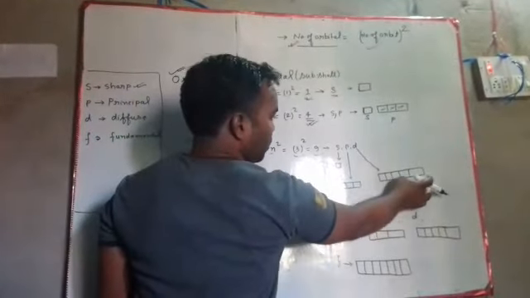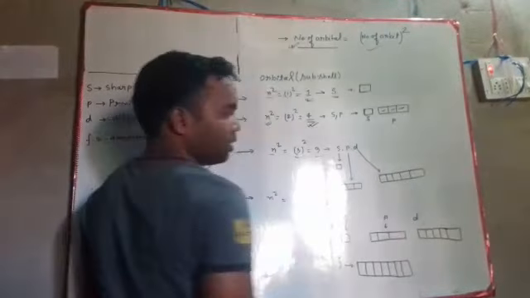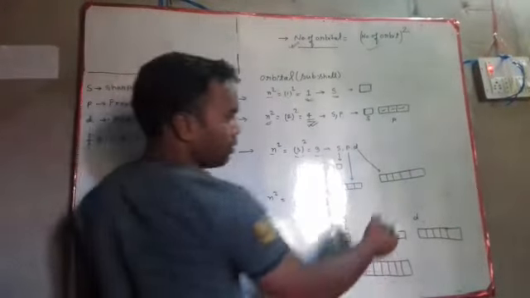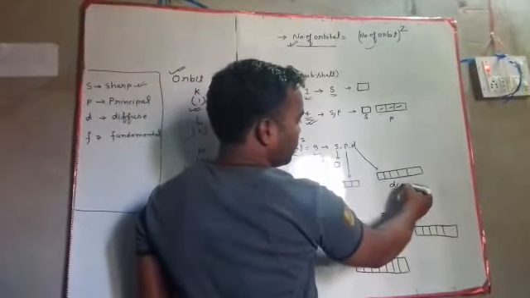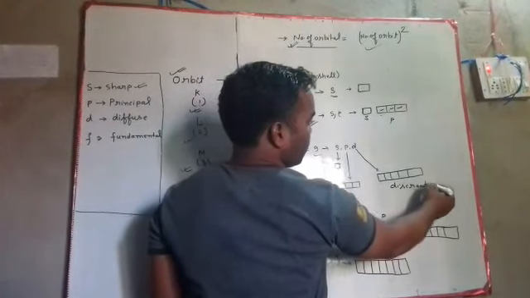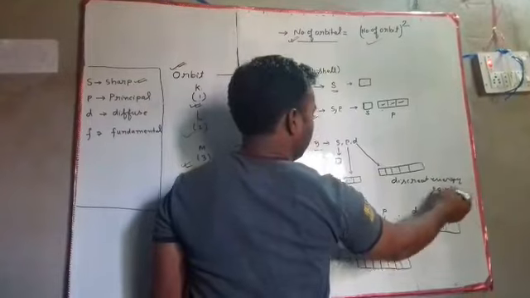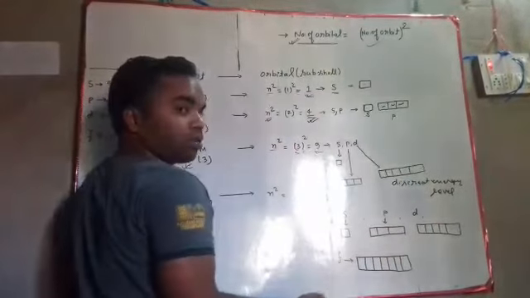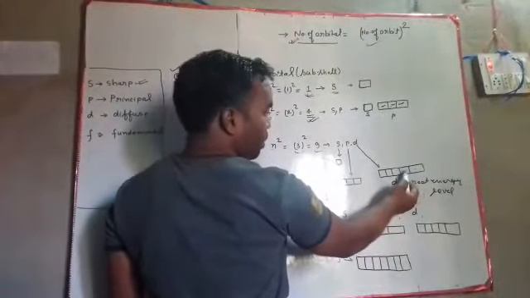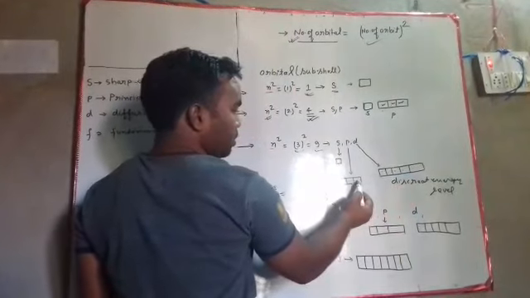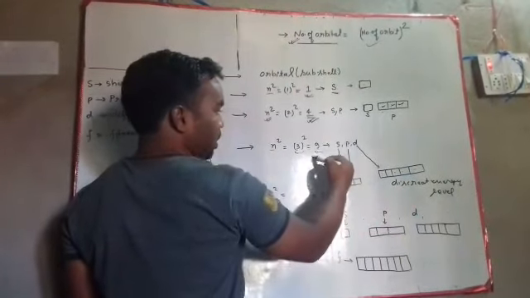These orbitals will have equal energy. That is why we call it a discrete energy level. So how many boxes can you count here? 1, 2, 3, 4, 5, 6, 7, 8, 9. 9 is given.